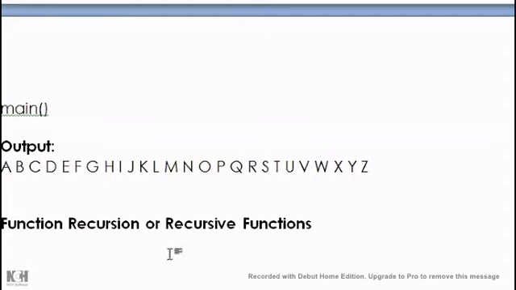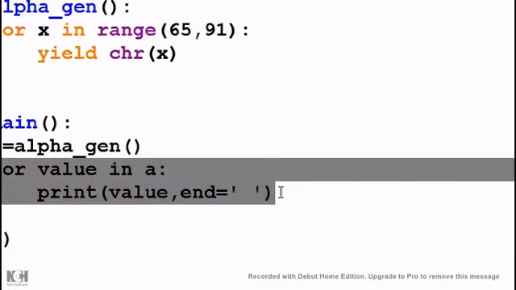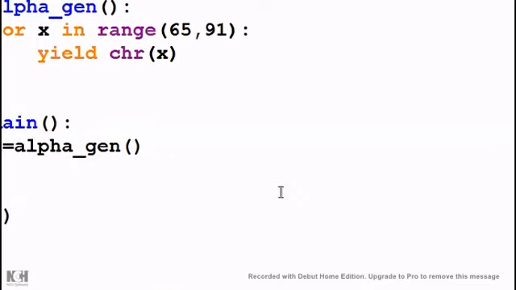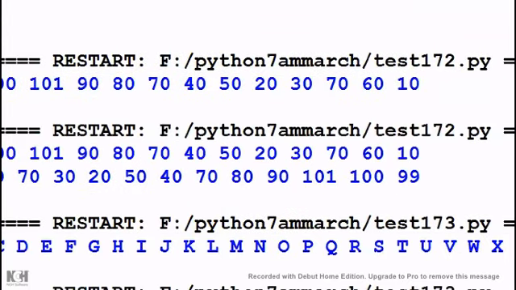There are different ways; you can use next also. You can use next for reading the next value from which one? Iterator. Suppose you don't want to read all the values. What do you do? Just write value 1 equal to next of a. This will return the first value, which is A. Suppose you want to read the next value.